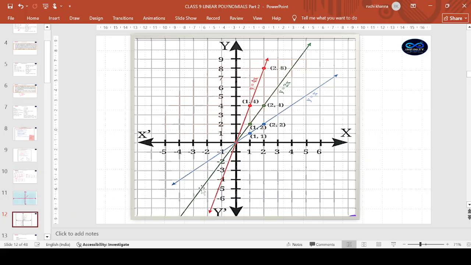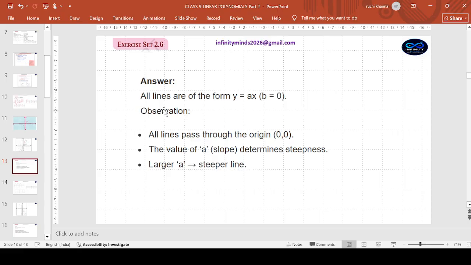Okay, let's move to the conclusion points. All lines of the form y equals ax where b is 0. What are we observing? That they all pass through the origin. The value of a determines their steepness. Larger the a, steeper the line. Yes, positive slope, it is going to be a growth.